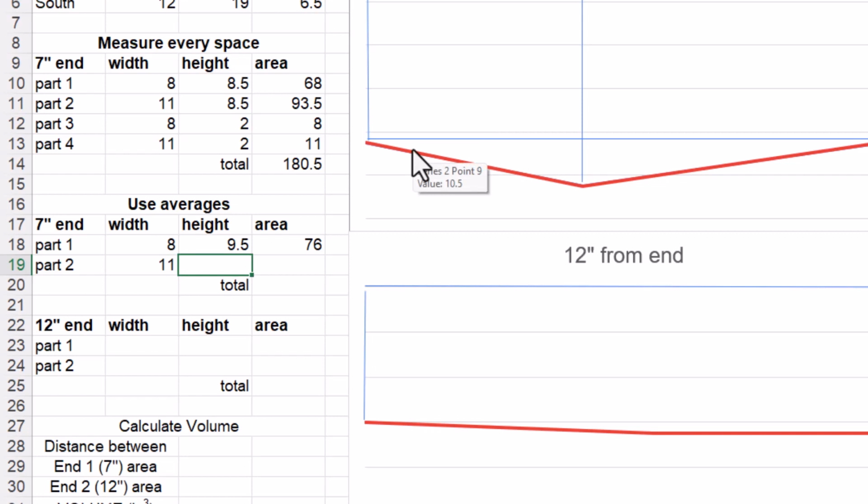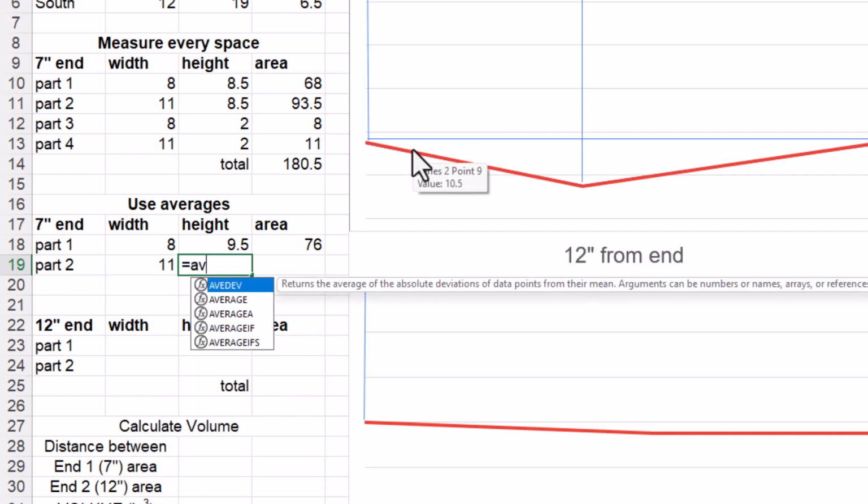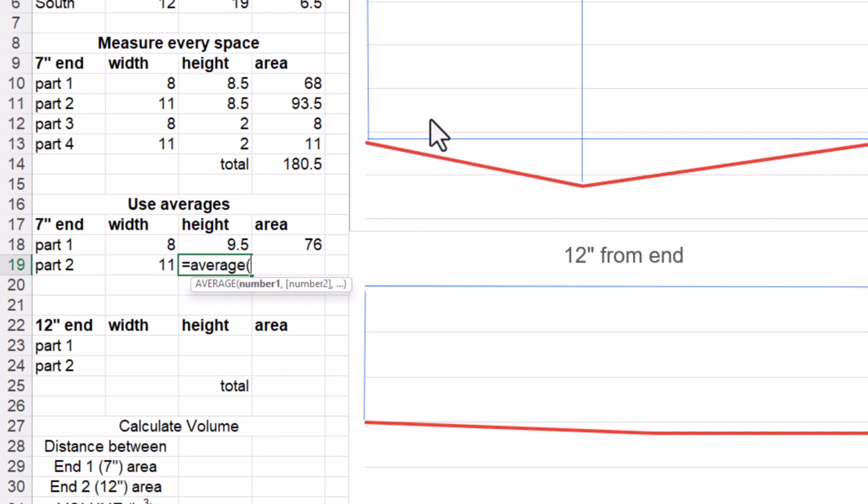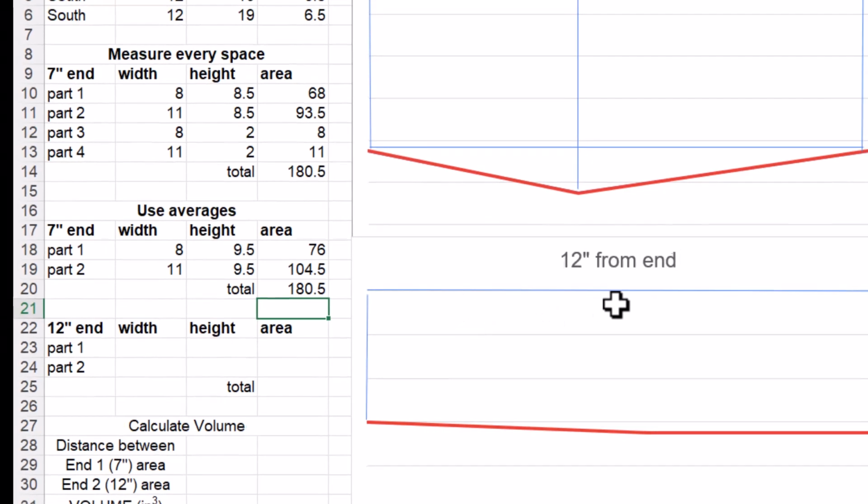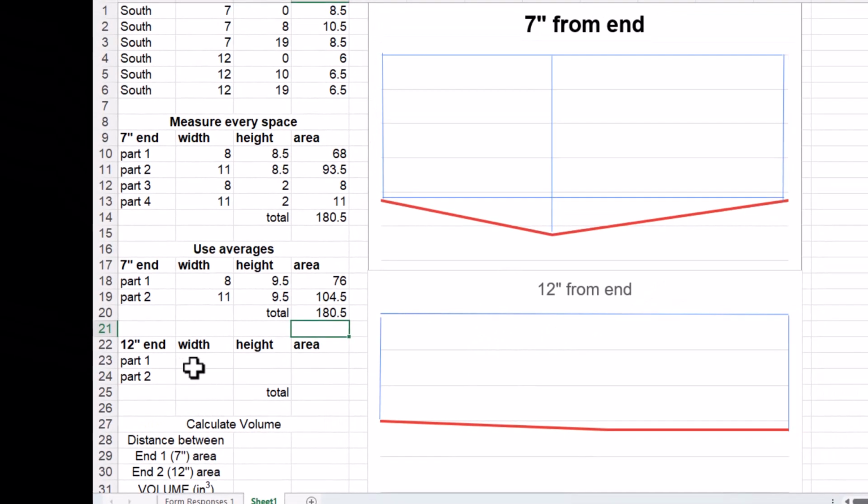Our height is average of 10.5 and 8.5. And when we total this, we get 180.5 inches.